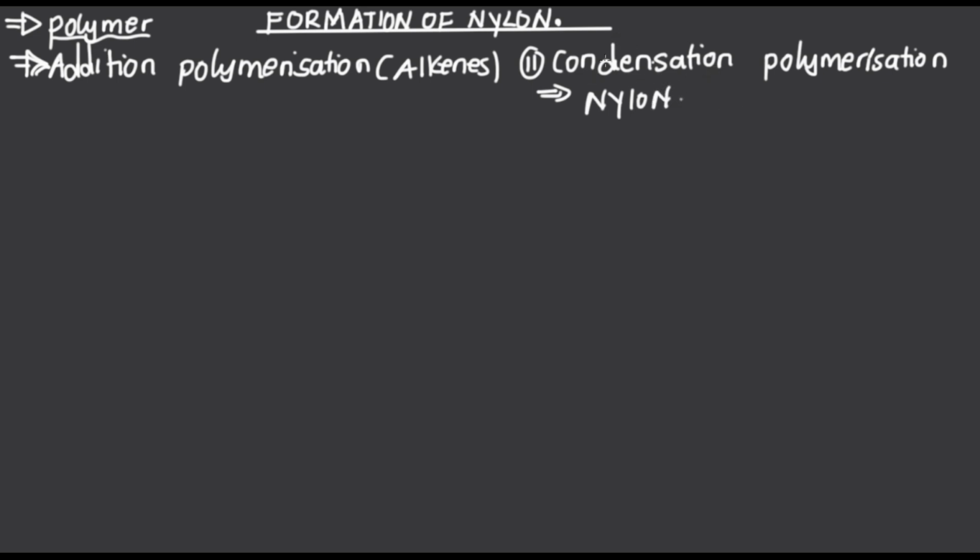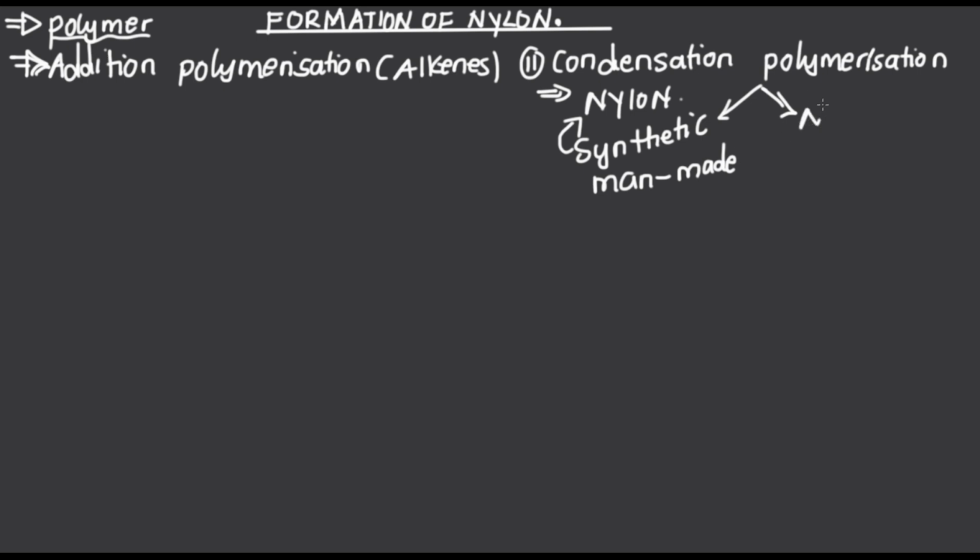Then, condensation polymers can be divided into two. The first one is what we call synthetic polymers. For example, nylon is a synthetic polymer. Why is it called synthetic? Because it is man-made, made by human beings.